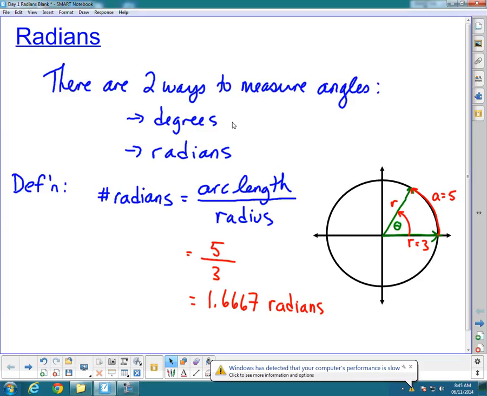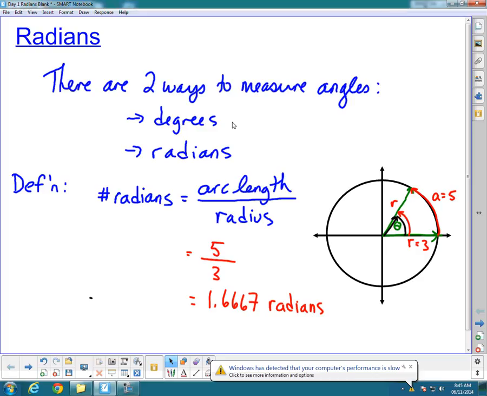So if I looked at a smaller radius down here, of course you're going to have a smaller arc length if you had a smaller circle. But the ratio between the arc length divided by the radius for that particular angle would always be this.